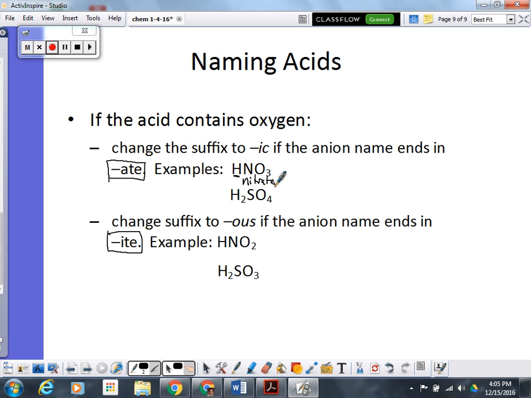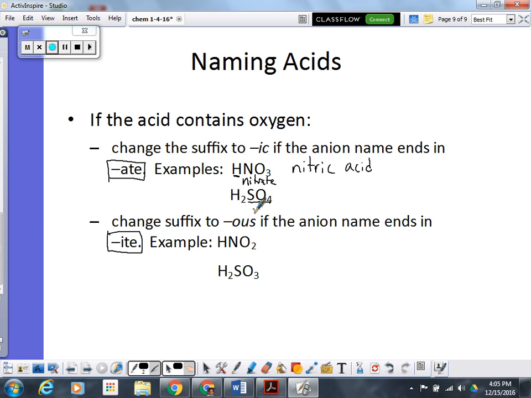So when I go to name this as an acid, no prefix, but I call this nitric. Change the ATE to IC, and then the word acid. So the nitric with no hydro prefix means it's a polyatomic ion. If I had hydronitric acid, that would mean H is attached to a nitrogen.